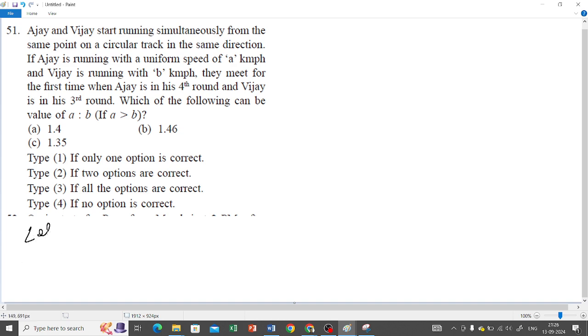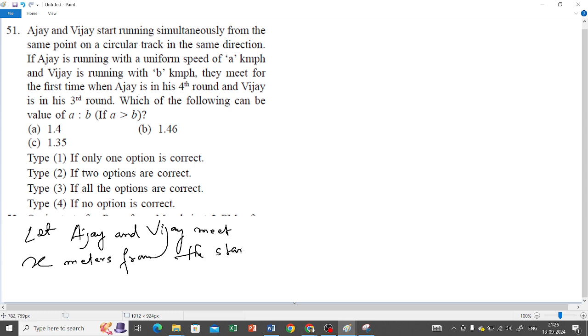So let Ajay and Vijay meet Y meters from the start line.